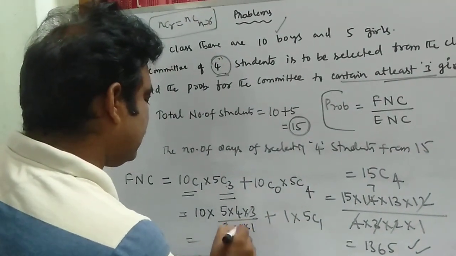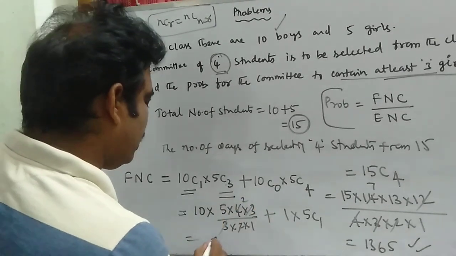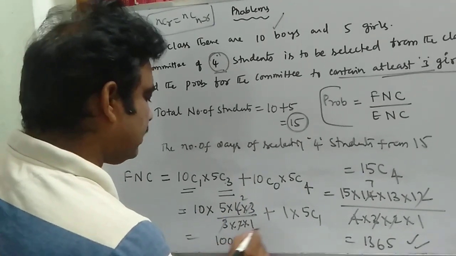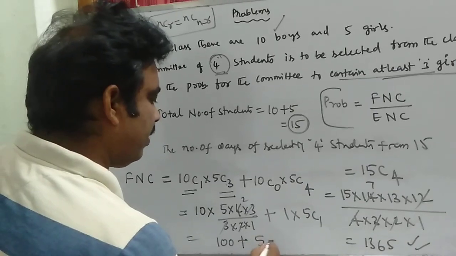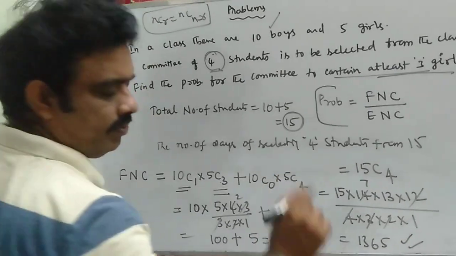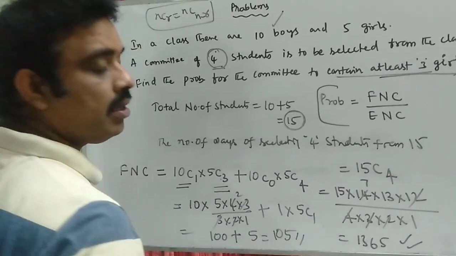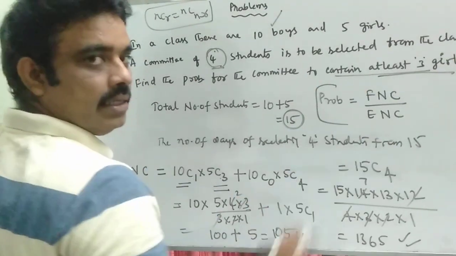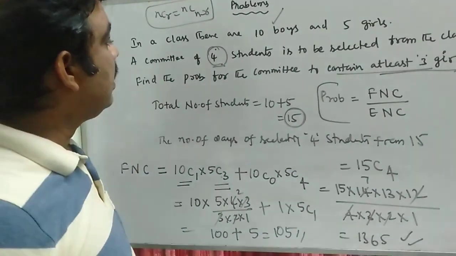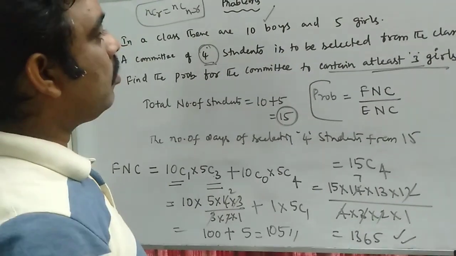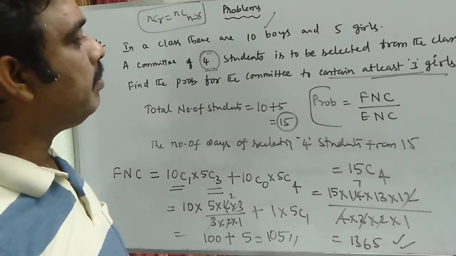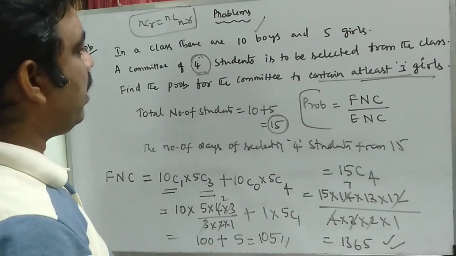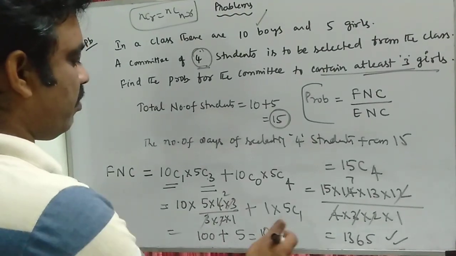So 3 3 cancel, 2 2 cancel, 10 into 10 is 100 plus 1 into 5C1 which is 5, that is 105. So 105 is the favorable number of cases, the number of ways of getting minimum 3 girls and one may be another person.